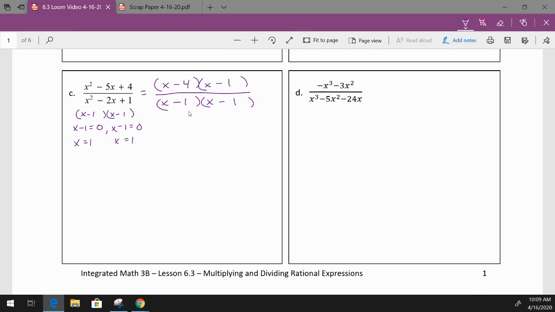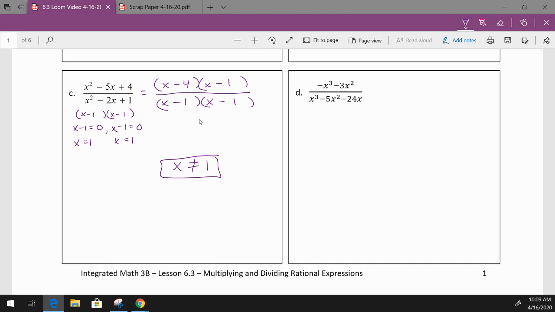You don't have to necessarily write it twice. Since 1 is the value that's going to make your denominator equal to 0, you have to state that x cannot equal 1. We only look at the denominator. It's okay if the numerator is equal to 0, it's just the denominator.